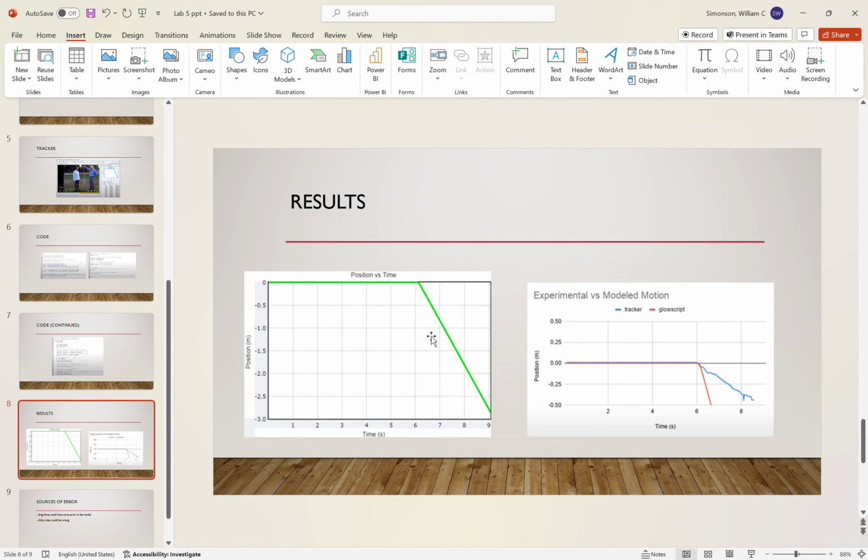So this is the coded model, and there is also a Tracker model, and these are compared.